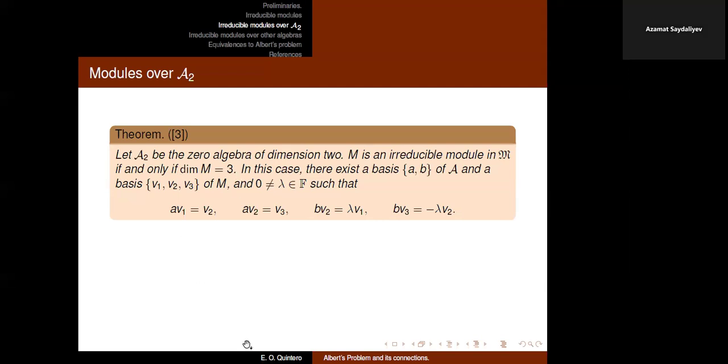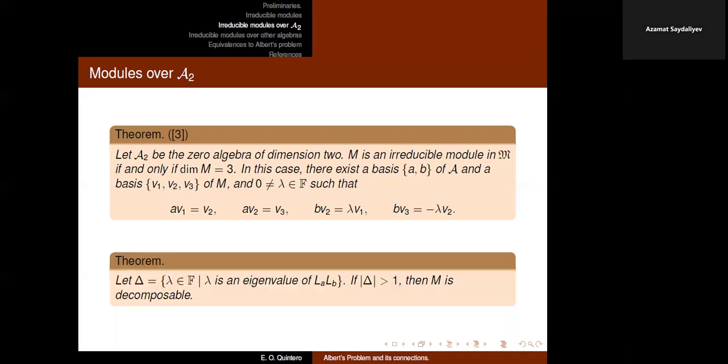And in this case, there exists a basis of A, a and b, and a basis of M, v1, v2, v3, and a non-zero scalar such that the action of A in this basis is given in this way.